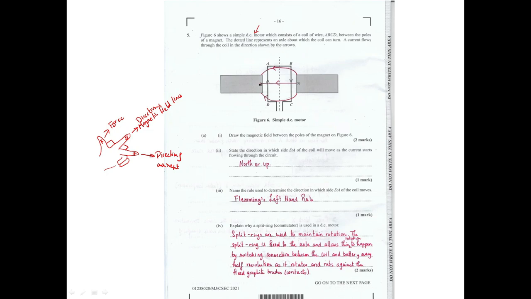So you have your current, and then you have your north to south, right? So your fingertips show the direction, and you would realize, if you turn your hand in that direction, that your thumb is going up north.